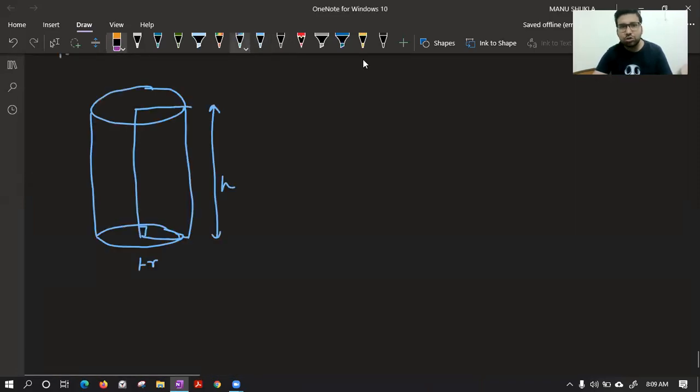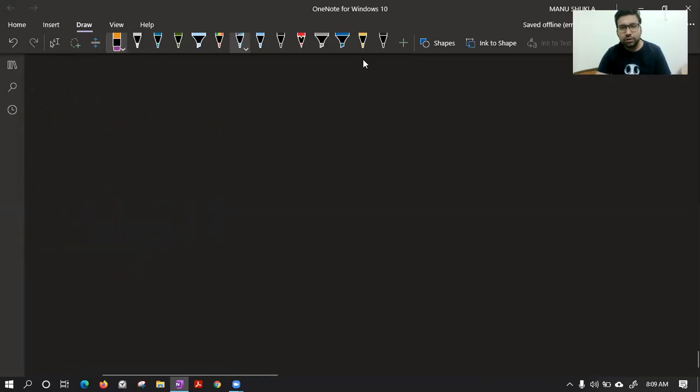It is a special case of this, cuboid only. The pen is not getting selected. One second, please. The eraser is not removed. Oh, wait, now it is done.